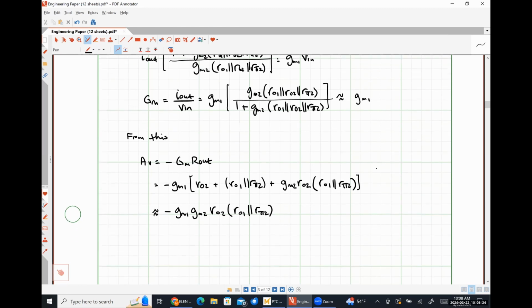And if transistors Q1 and Q2 were matched, this comes out to be negative gm squared ro times ro in parallel with rπ.